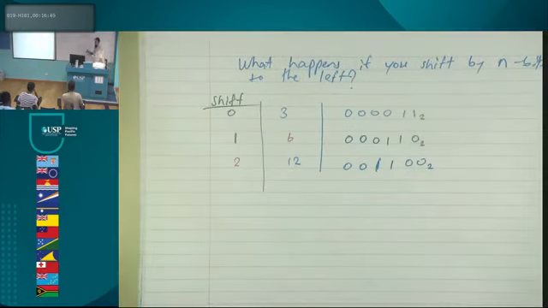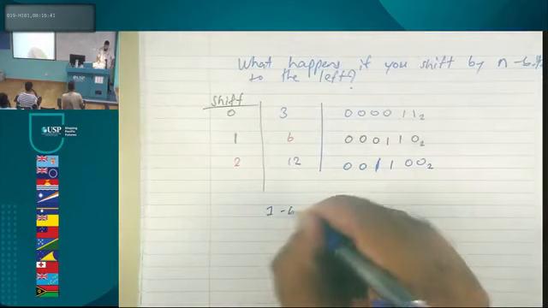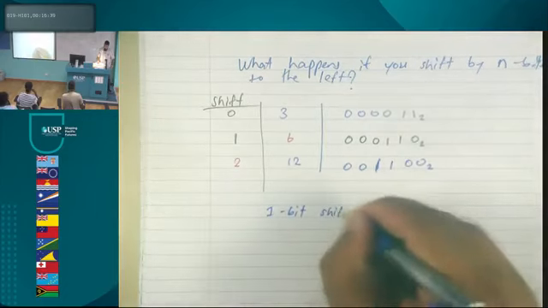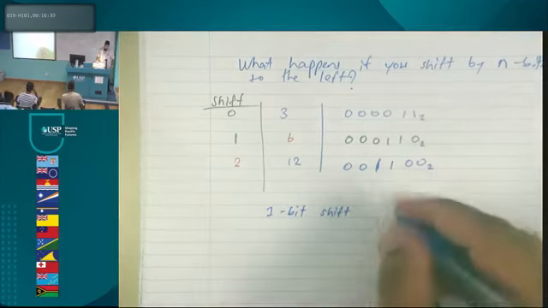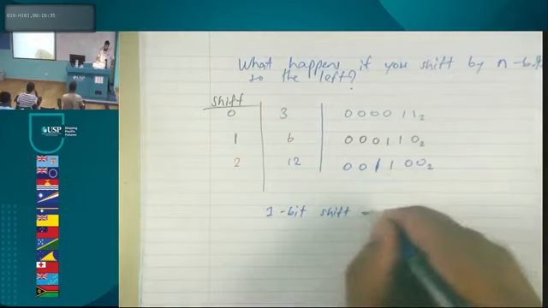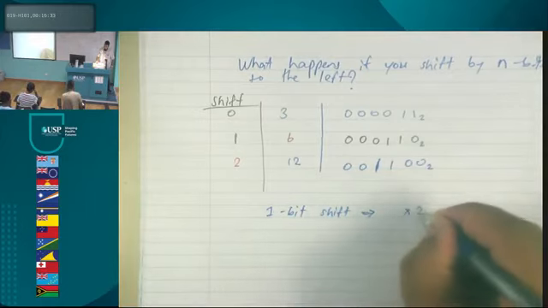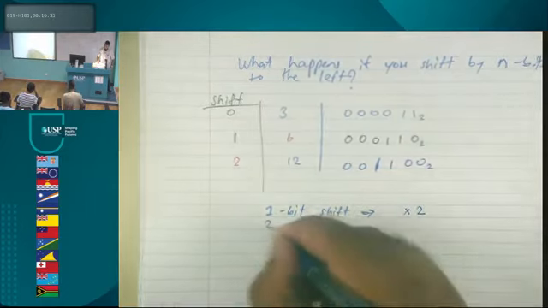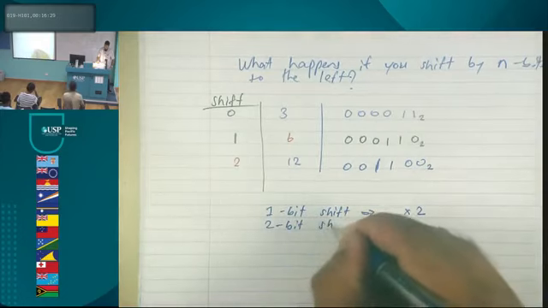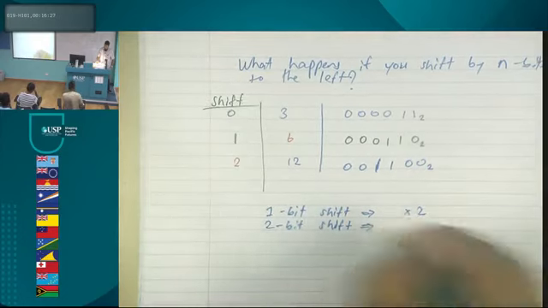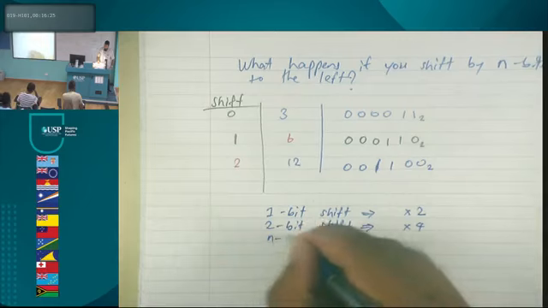So what is happening here, guys? When you've done 1 bit shift, it is same as multiplied by 2. 2 bit shift, multiplied by 4.